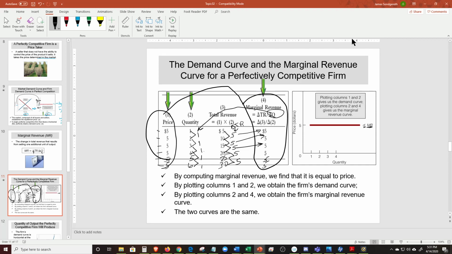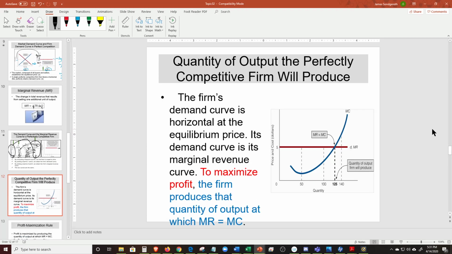Okay? Interesting. All right. And this is going to be important for maximizing profits. So the quantity of output the perfectly competitive firm will produce. Well, the firm's demand curve is horizontal at the equilibrium price, which we've already established.